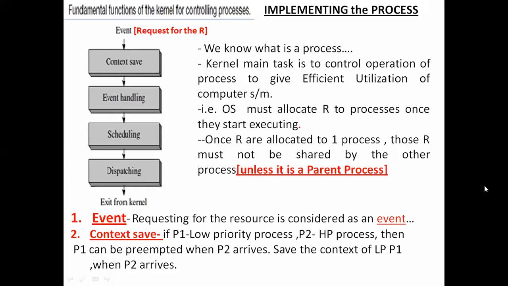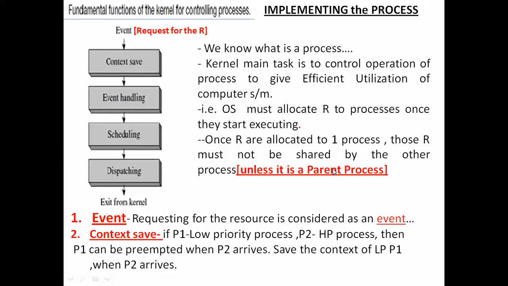The OS will be allocating the resources to the process once they start executing, and the OS will make sure that these resources are effectively utilized. Once the resources are allocated to one process, those resources must not be shared by another process, unless the process is a parent process.